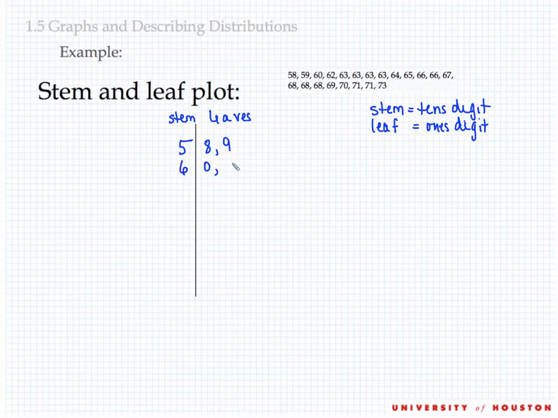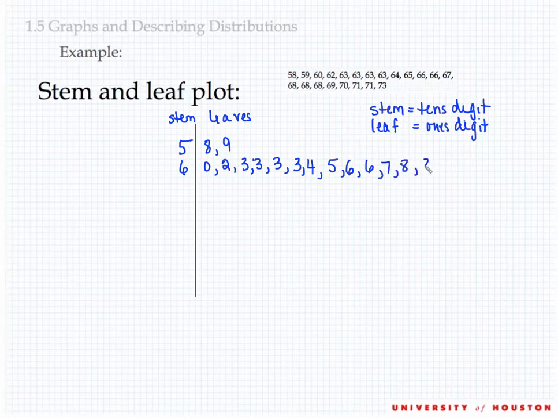We have a 60, 62, 4 63s, a 64, 65, 66, 2 of those, 67, 3 68s, and a 69. We have a 70, 2 71s, and a 73. As you can see, our stem and leaf is quite heavy in the 60s department.